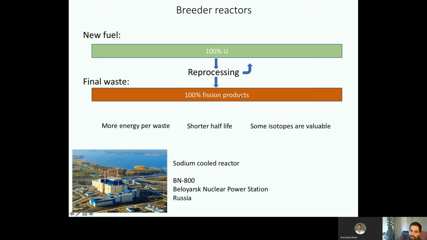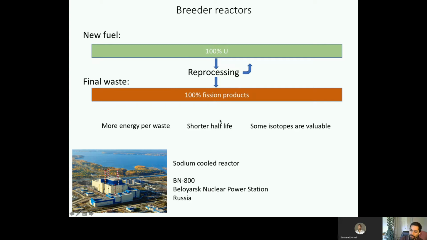The fission products are not radioactive for such a long time. A couple hundred years is enough for them to decay. And some isotopes are actually valuable. They can be used for different applications. Also, if we have a certain isotope that is very problematic, that we don't want to bury underground, we can put it back in the reactor, in this type of reactor.